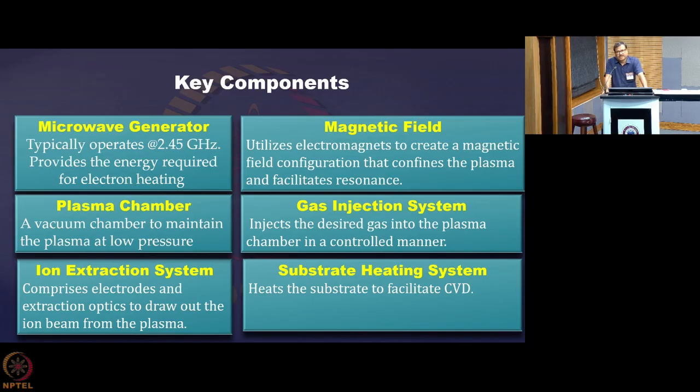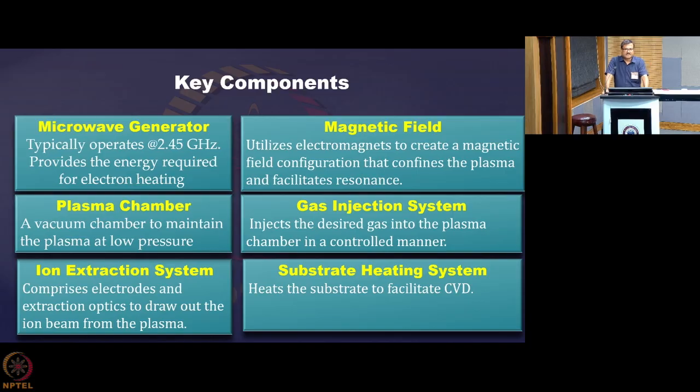This will be more clear when I go through the exact example. Then there is a plasma chamber. So you have a vacuum system and a chamber so that you can create a low pressure zone where this ECR mechanism can take place.